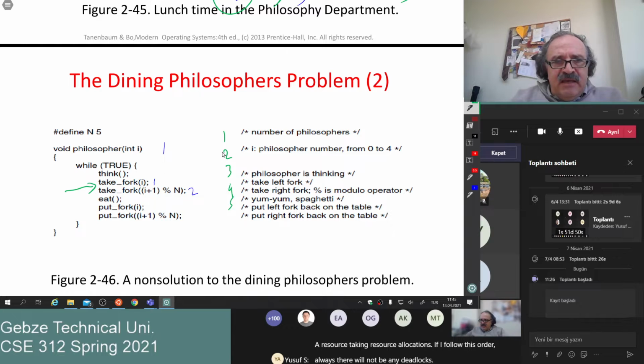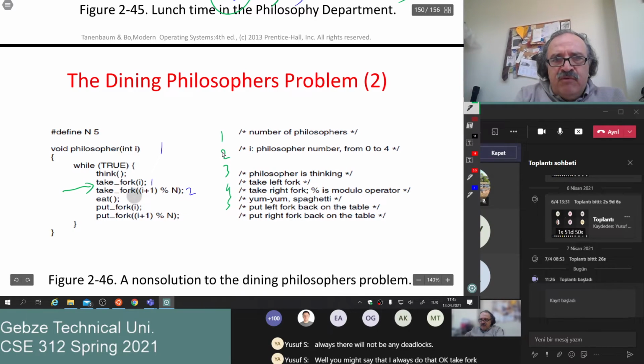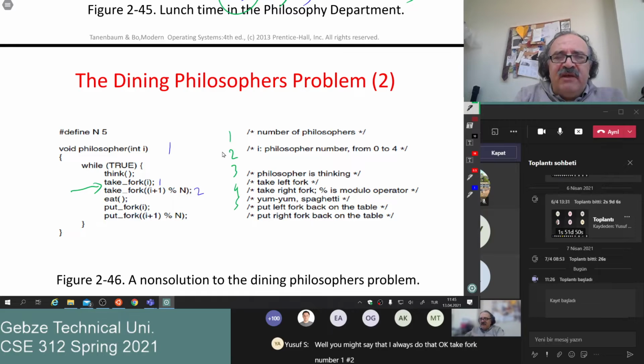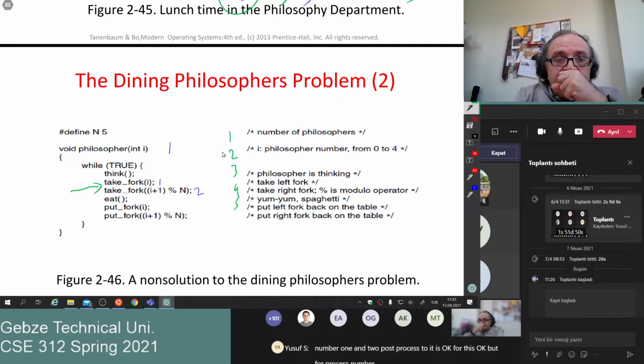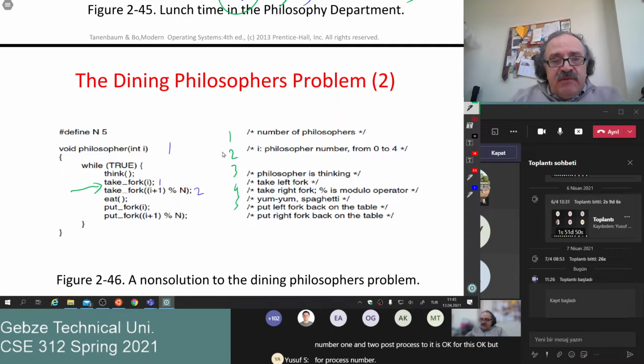Well, you might say that I always do that: take fork number 1, then fork number 2. For process 1, it is okay. It takes forks 1 and 2. Process 2 is okay, up to 4 is okay. But for process number 5, things are different.